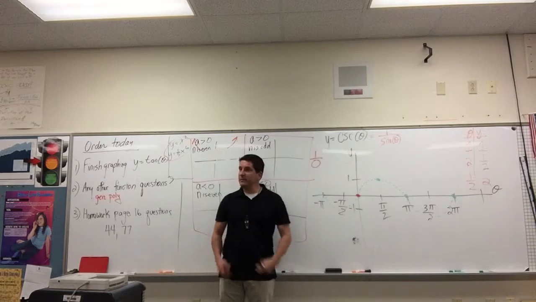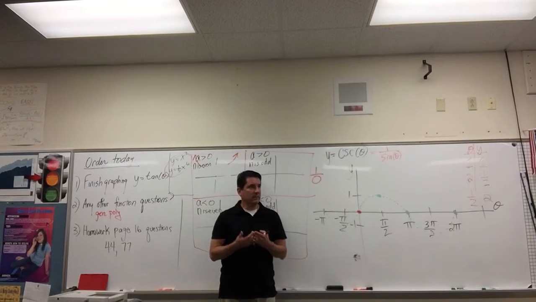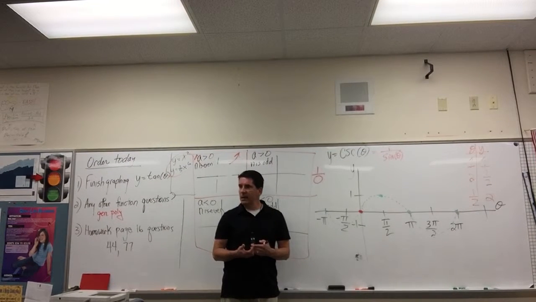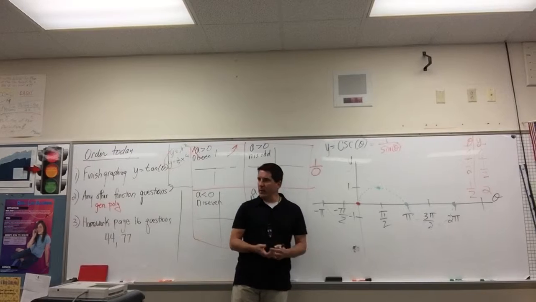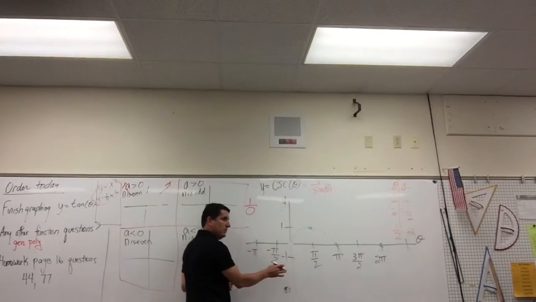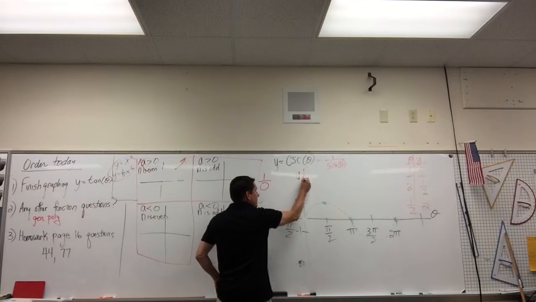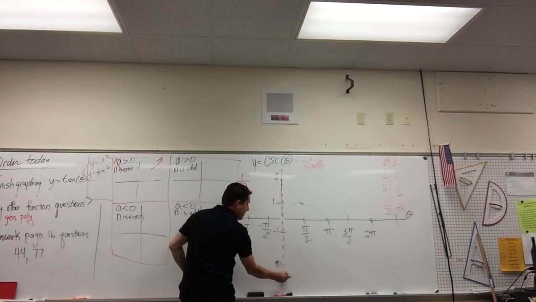So 1 over 0, is that a number you can compute? No, okay? It is an undefined value, which means that we can't plot a point. And whenever we cannot plot a point, that's when we have an asymptote. See the subtle difference? Okay, so it's an undefined value. So there's actually an asymptote right here.